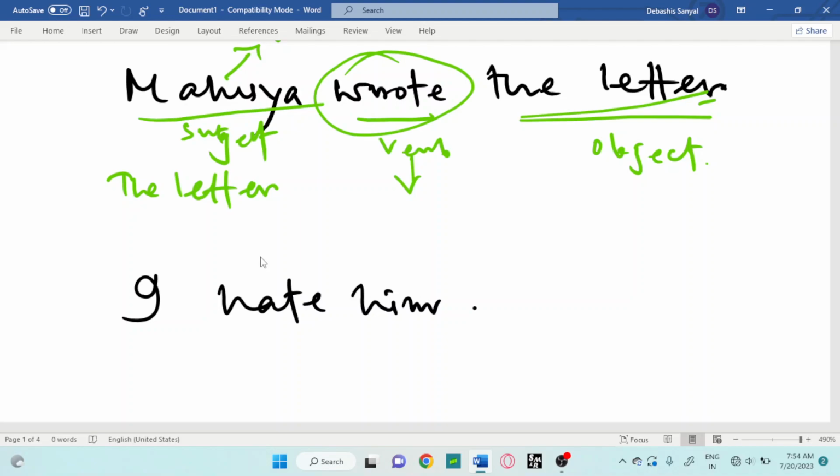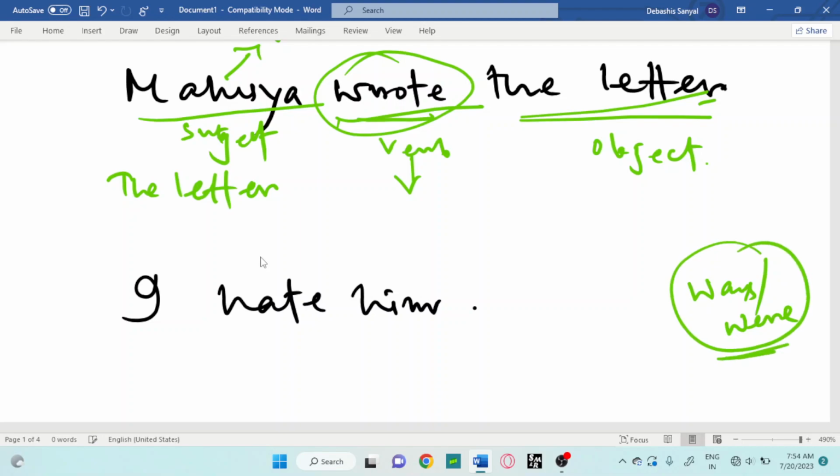The letter. If the sentence is given in past indefinite, then we have to use was or were as the auxiliary verb in the passive. Okay. Then after the letter we have to use was. The letter was, write, wrote, written.